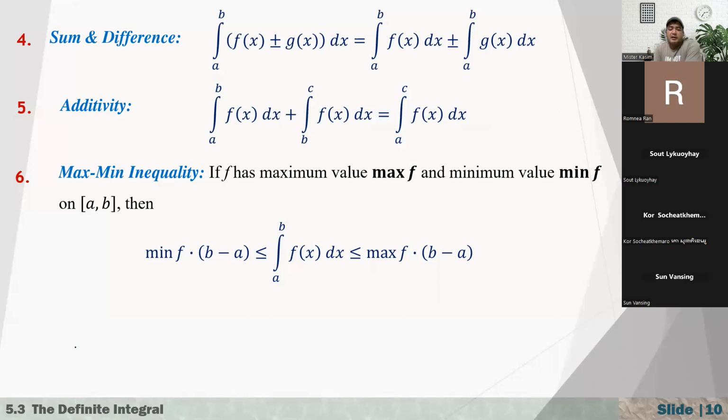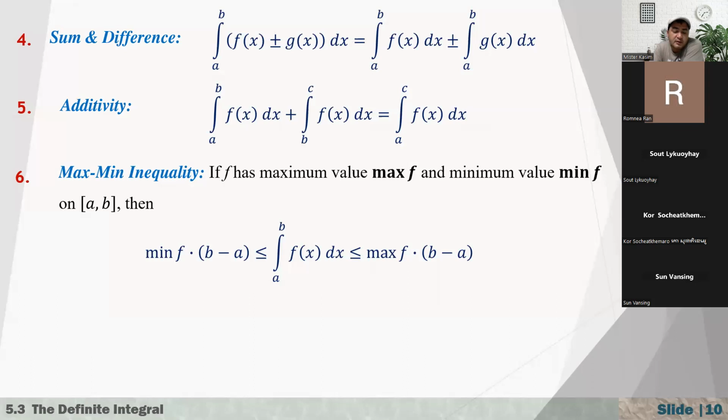Okay. And the maximum-minimum inequality. If f has a maximum value, max f, and a minimum value, min f, on [a, b]. And also, if you remember, we had a theorem: if our function is continuous over the closed interval, then it must have a global maximum and a global minimum.